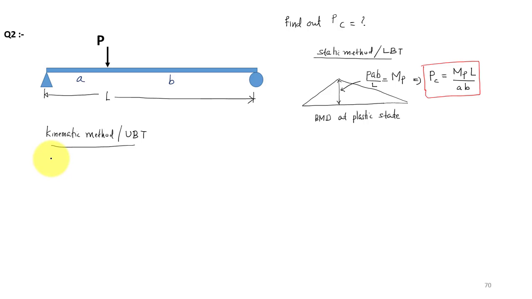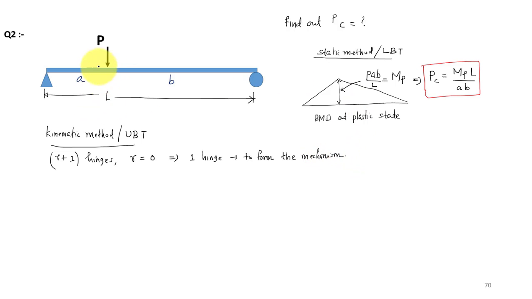Here we need r plus 1 hinges, where r is the static indeterminacy, which is 0 here, so in this problem we need one hinge. So we need one plastic hinge to form the collapse mechanism.